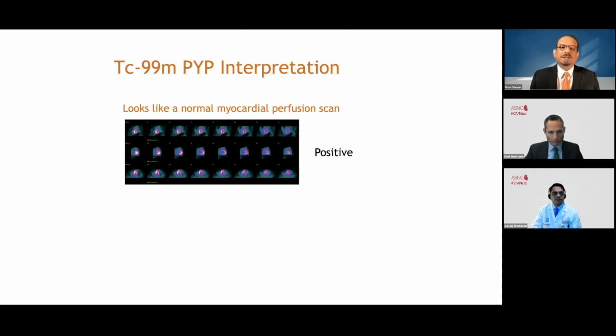This is because the diagnostic standard is the demonstration of diffuse uptake of PYP in the myocardium. As you can see here, if I didn't tell you that this was a PYP scan, this could very well be a normal MIBI scan. So when a PYP scan looks like a normal myocardial perfusion scan, then it's an unequivocally positive pyrophosphate scan.